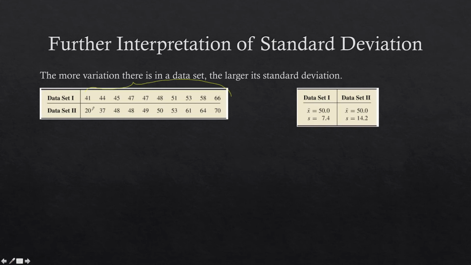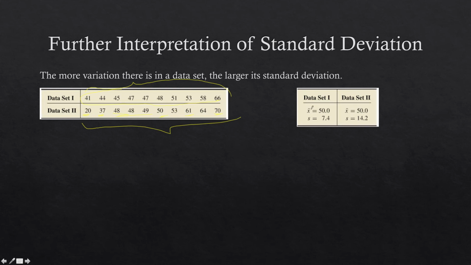Okay, notice we start at 40, end at 66, and all these numbers are fairly closely grouped together here. Now look at the second set. We have some extreme numbers here. I mean, look at 20 and 70. These numbers are more spread in the 30s. Only one of them in the 60s, and only two in the 50s, and only three in the 40s. They're not as grouped together as they are up here.